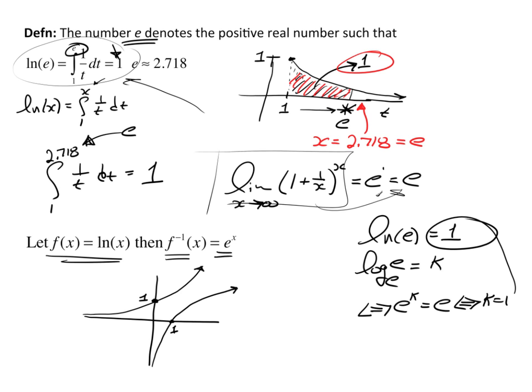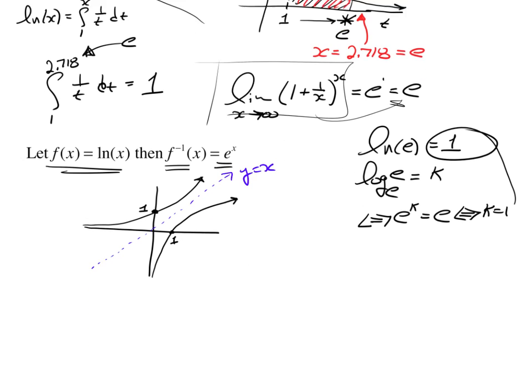One of the properties of inverse functions is that they are symmetric with respect to the line y equals x. And clearly, if you graph these in Maple or something, which you should do, these are definitely symmetric about the line y equals x. So ln x and e to the x are in fact inverses of each other.